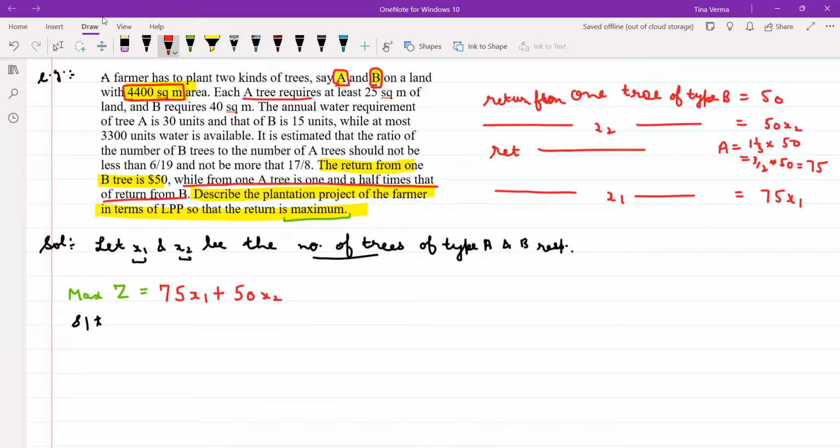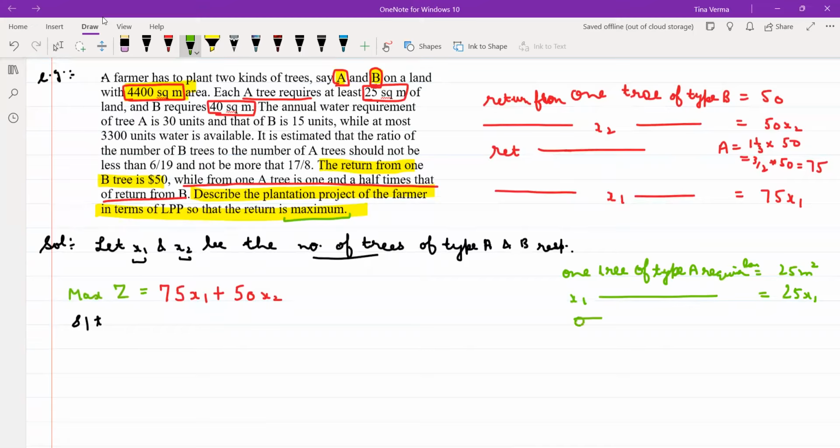A tree requires 25 square meters and B tree requires 40 square meters. So one tree of type A requires land of 25 square meters, so x1 trees will require 25x1.